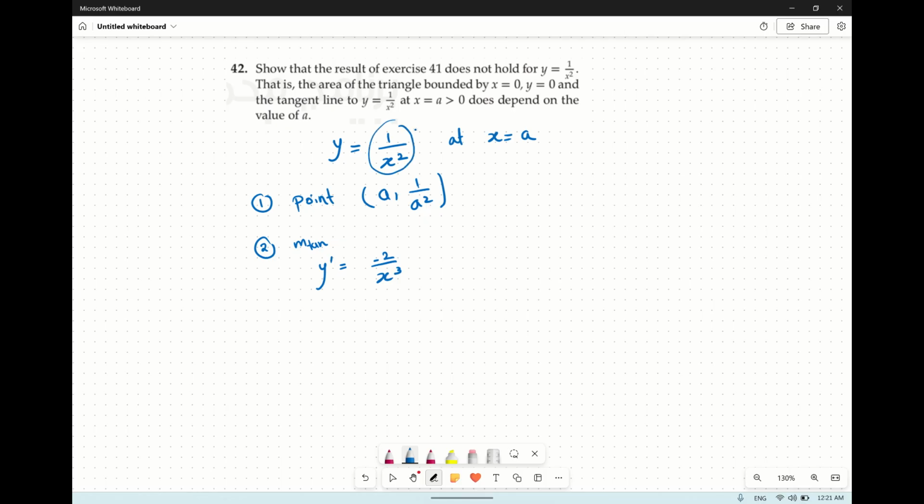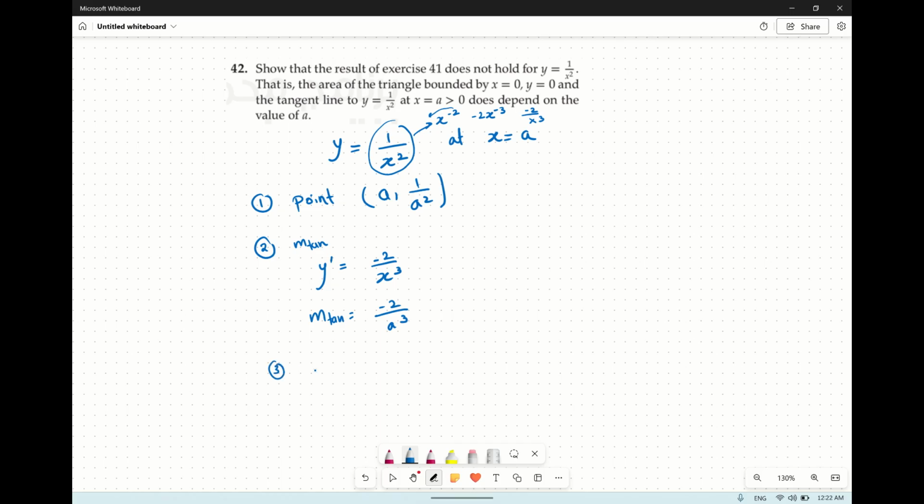This one, you rewrite it as x to the power minus 2. Then you derive it, so it will be minus 2 x to the power minus 3. Now put the x down again, it will become minus 2 over x cubed. Okay, now I need this at a. So this means m of the tangent will be minus 2 over a cubed.